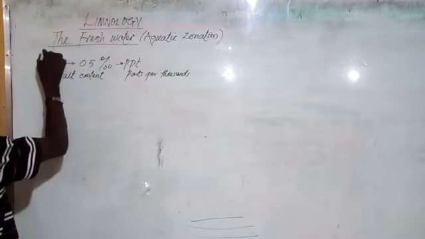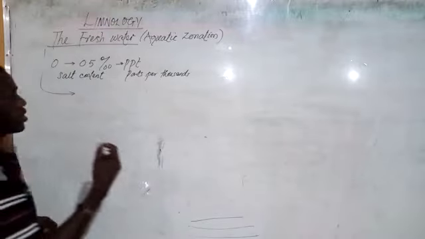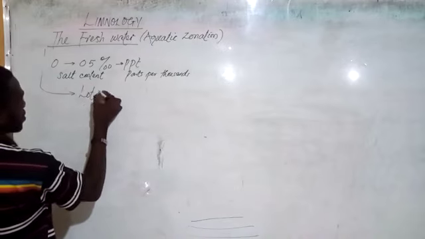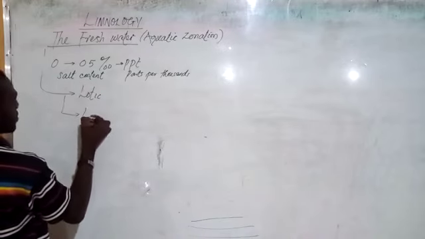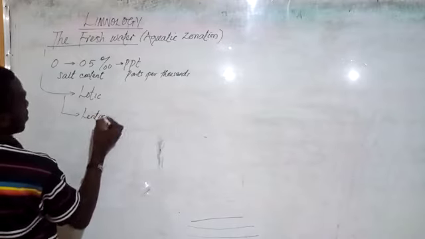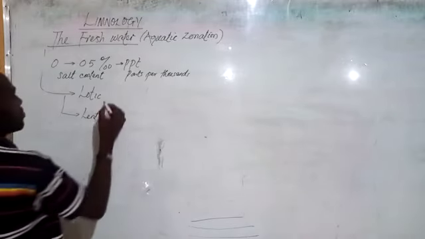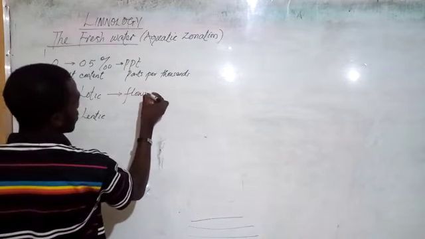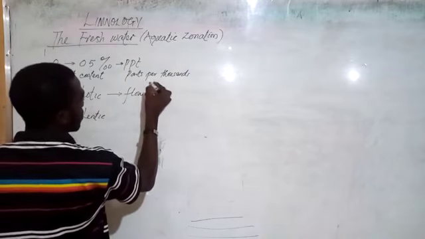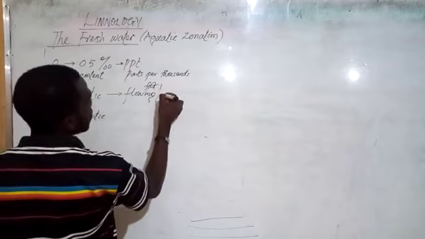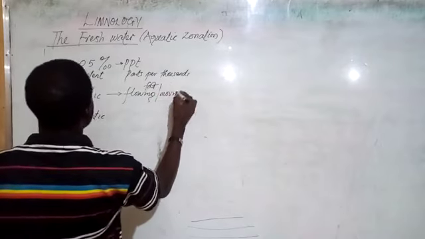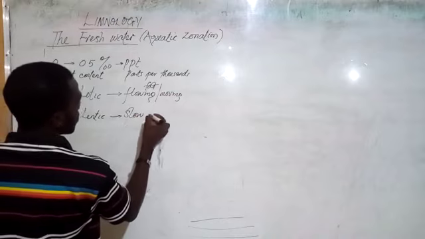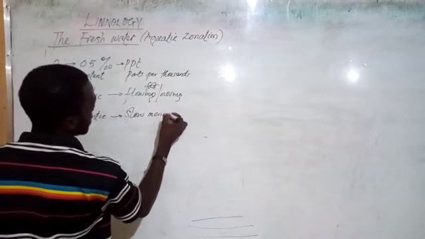Now freshwater are commonly grouped into two, and they are the lotic and the lentic. Lotic simply means water that is flowing, fast flowing or fast moving water, while lentic means slow moving water or stagnant.